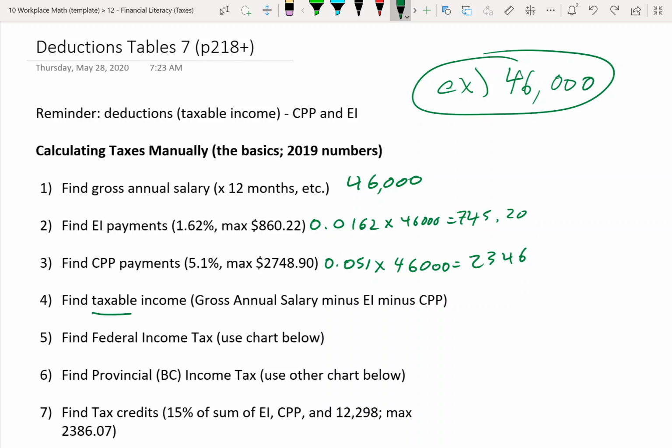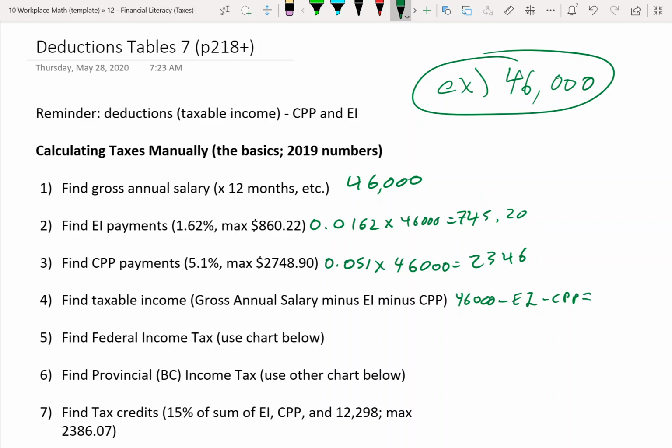So now we're going to find our taxable income. So basically, this income you make, you lose this in taxes. So you don't have to pay taxes again on top of it. So what we're going to do is take our gross annual salary, this 46,000, and then take away the two taxes we just did, minus EI, minus CPP. So those two numbers.